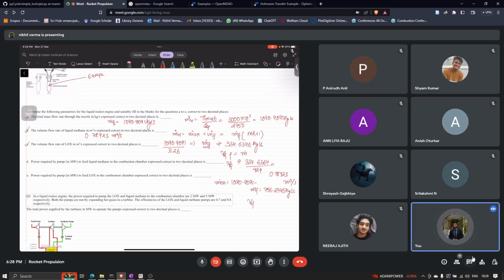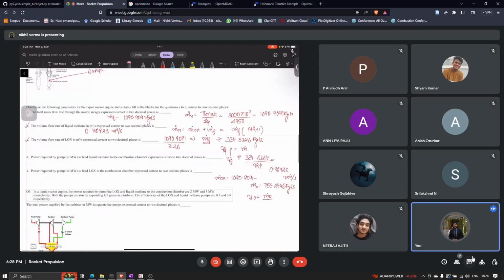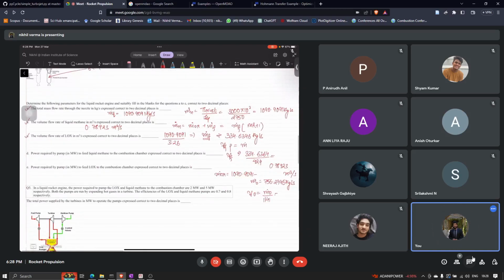The volumetric flow rate of the oxidizer, we will divide by the density. The density of liquid oxygen is 1141, which gives you the value of 0.6628 meter cube per second.